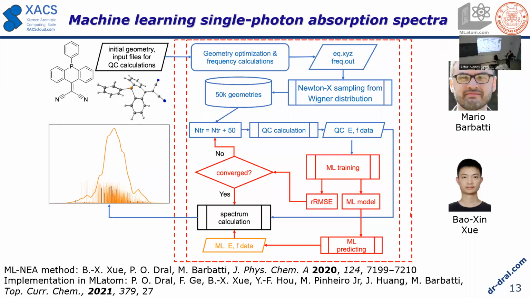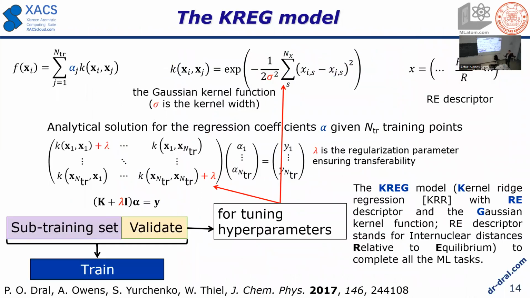And this is very fast because we also use kernel ridge regression, which is much faster and more accurate than neural networks for a small number of points, as we have here, a couple of hundreds of points, a thousand is not involved. And this is a very accurate way because it has an analytical solution.